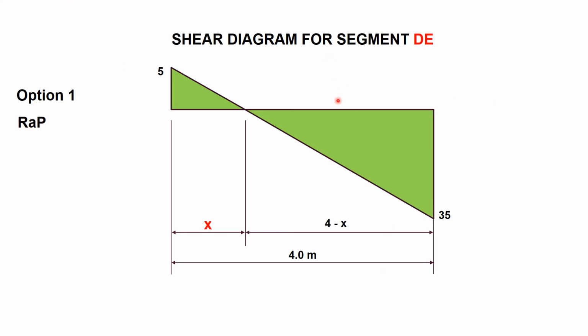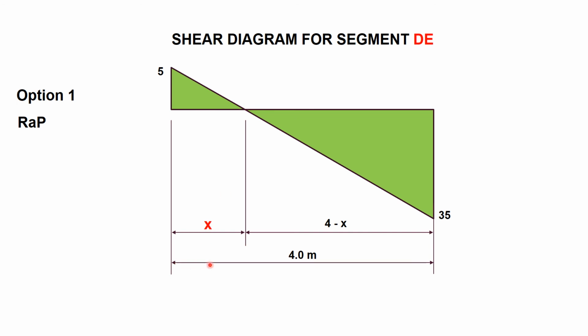So, ito yung shear diagram na yon. Nilagyan ko lang muna ng color. So, again, this is the ordinate ng shear sa point D, which is positive 5, sa point E na negative 35. Ginamit ko lang muna yung absolute values kasi magre-ratio and proportion tayo. So, pwedeng hindi muna natin sama yung negative side.